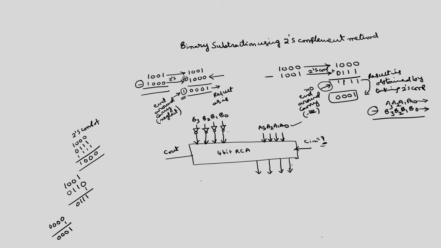If the end around carry is 1, then you simply neglect the end around carry and the result is as it is; whatever result you have obtained here is the correct result. So you take the result as it is if C out is 1, and take the 2's complement if C out is 0.